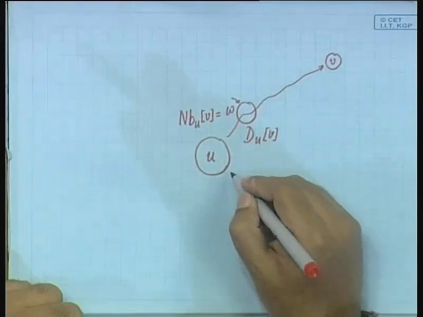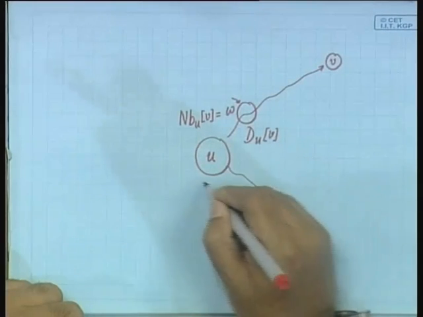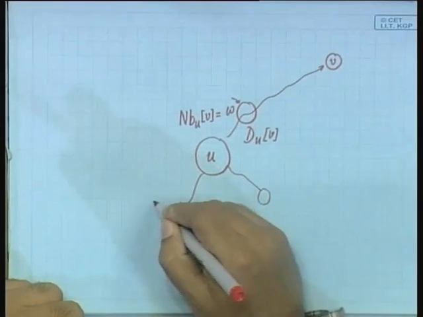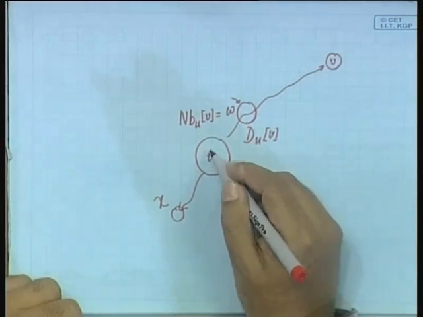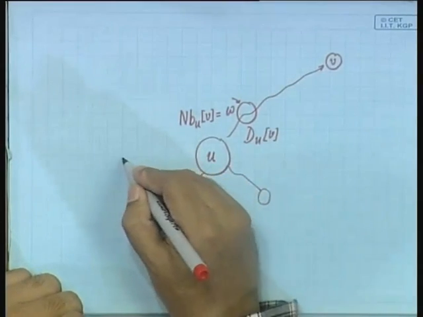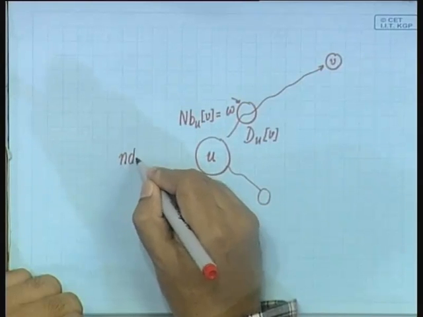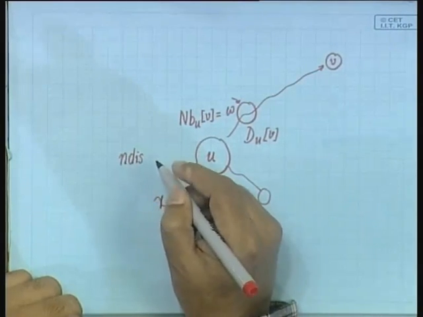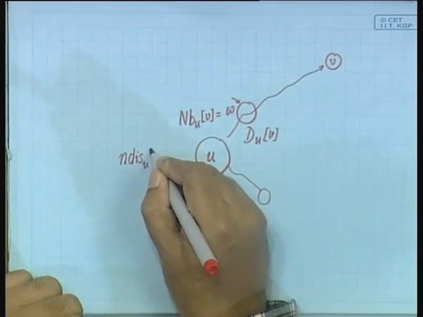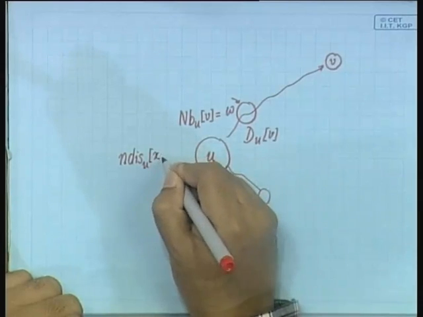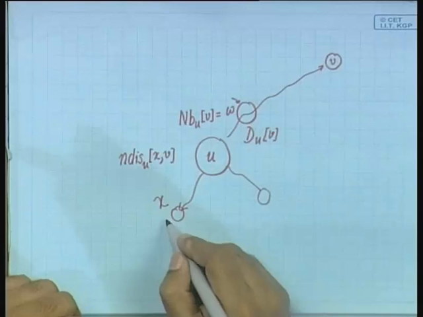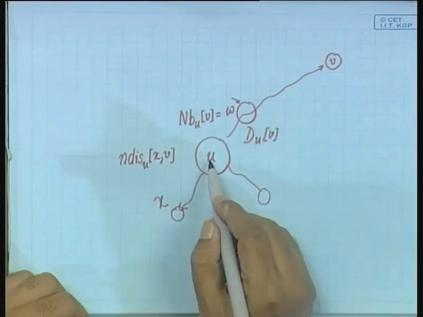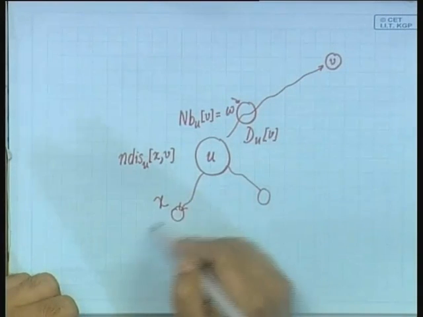And in addition, for every neighbor x of u, we are keeping in u an estimate of the distance from x to v. So, I am keeping in u the estimate of the distance from x to v.